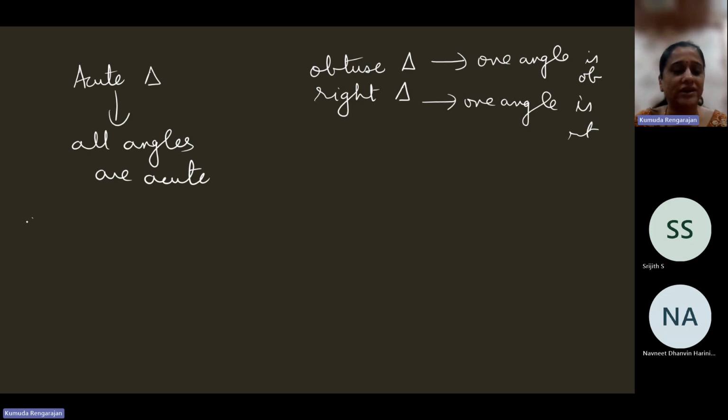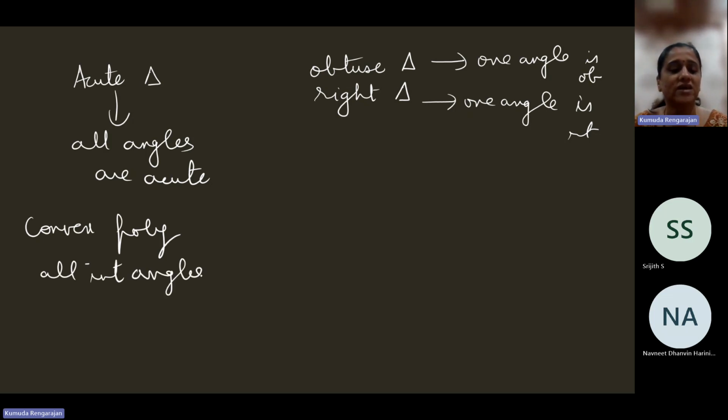In the same way, in a convex polygon, all interior angles measure less than 180 degrees.